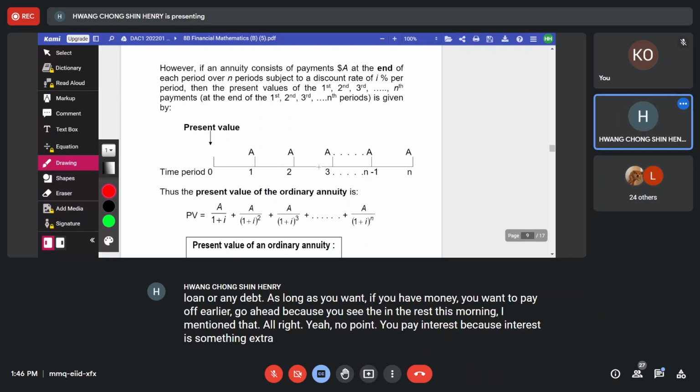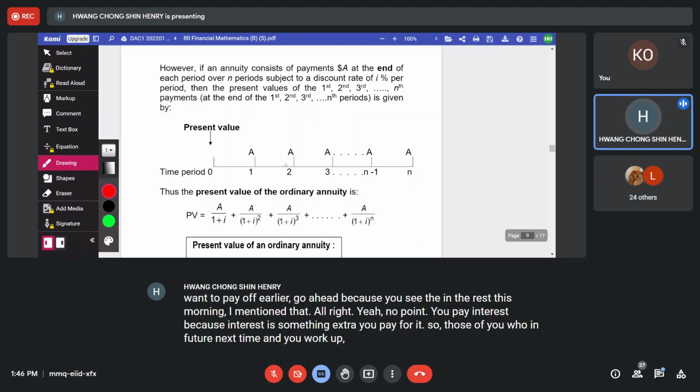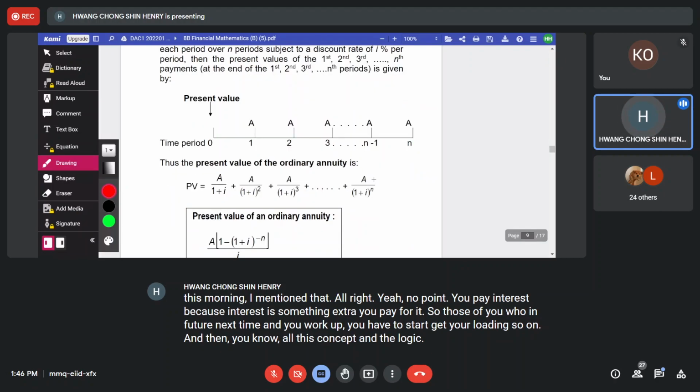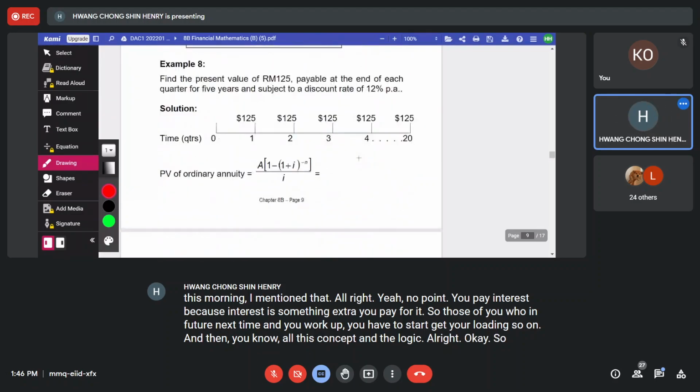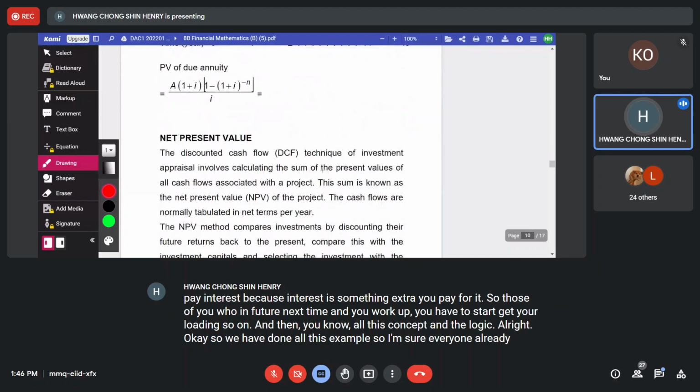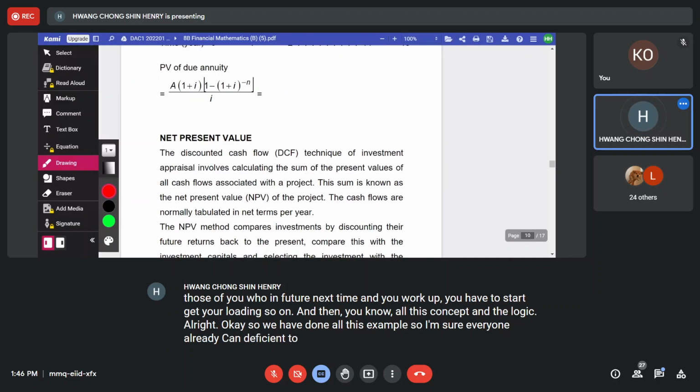So those of you who, in future, when you work and have to get a loan, you know all this concept and the logic. Okay, so we have done all these examples. I'm sure everyone can now differentiate the two formulas for present value based on annuity.